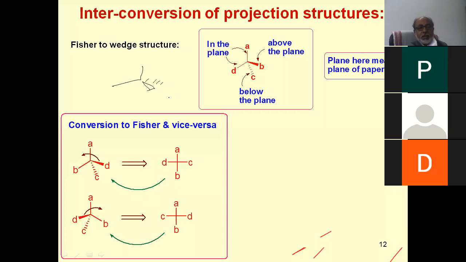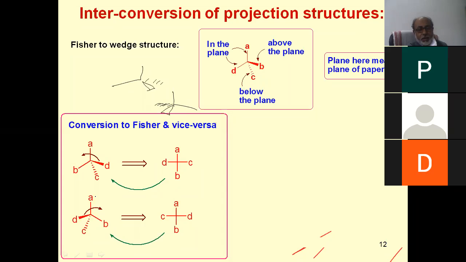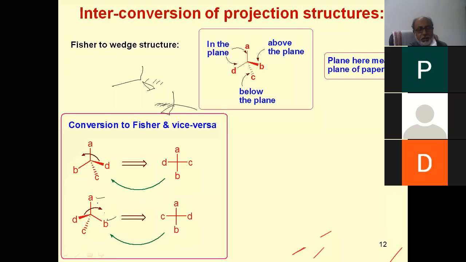But you cannot say that I can write the groups which are in the plane this way also. Yes or no? Yes, this is above the plane, this is below the plane. This is what we are writing. We are writing it this way. The angle is this side.